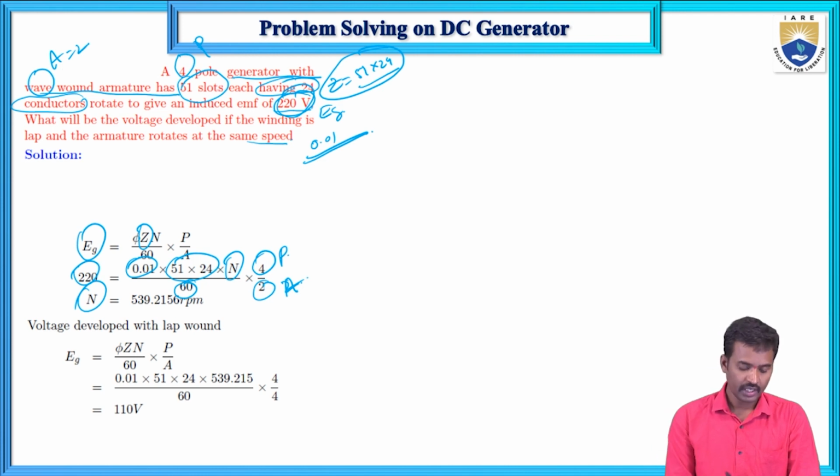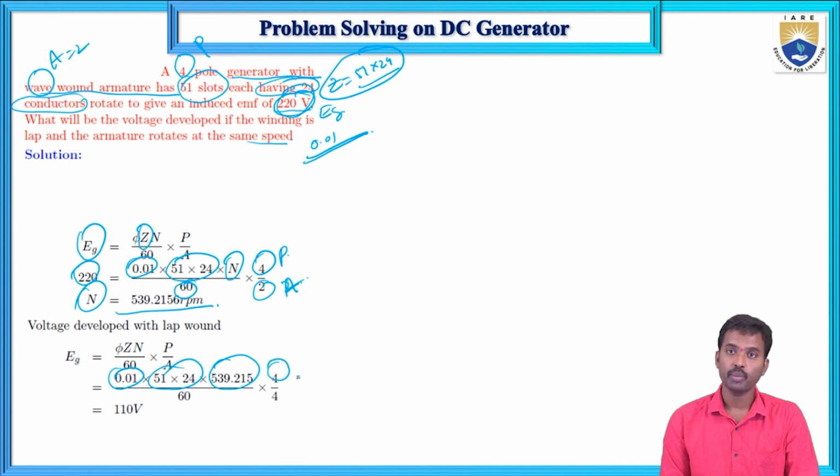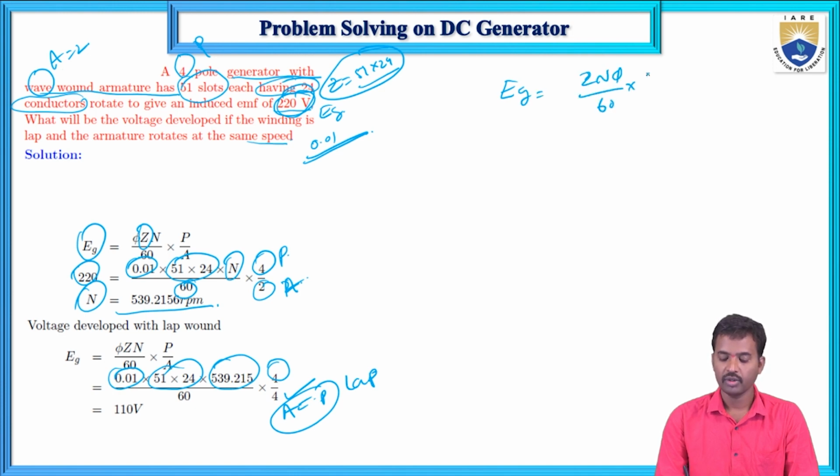And next case, calculate the speed. Eg equals ΦZn by 60 into P by A. The phi value is fixed, N value is fixed, Z value is fixed, and the number of poles is fixed, and A equals P for lap winding. So Eg is proportional to 1 by A. Now Eg1 divided by Eg2 equals A2 divided by A1.